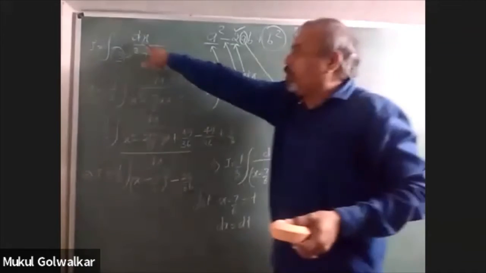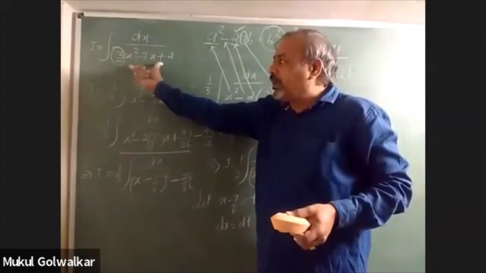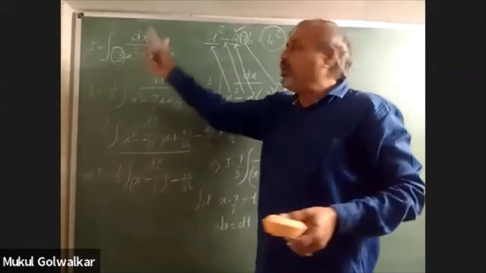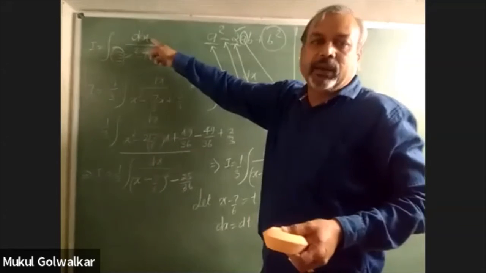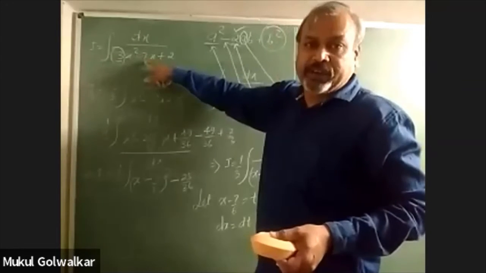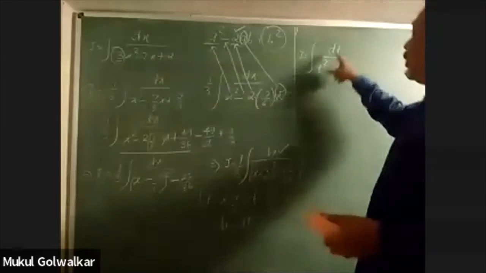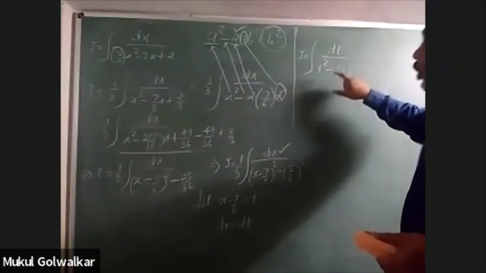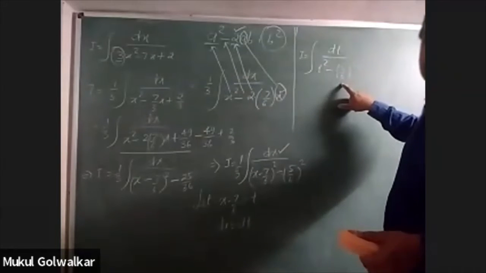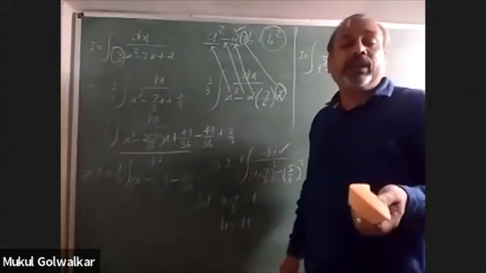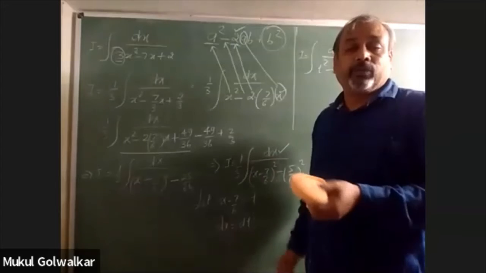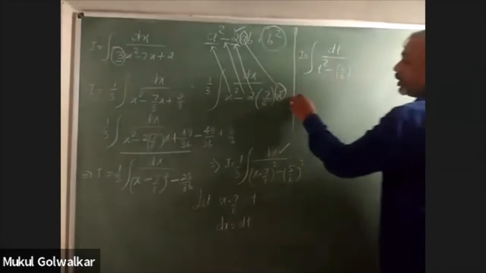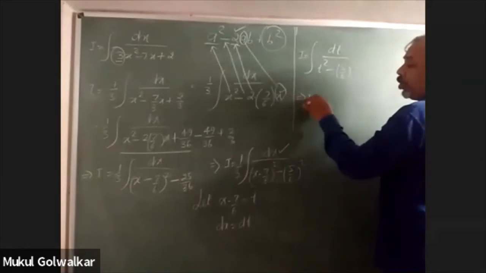The given function was not in the standard form because we did not have the formula to integrate a general quadratic in the denominator. But this formula, dt upon t square minus 5 by 6 whole square, is a pure quadratic in the denominator, and we have the formula to integrate the pure quadratic in the denominator. So that formula can be correctly recorded.